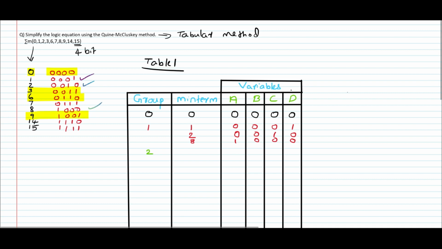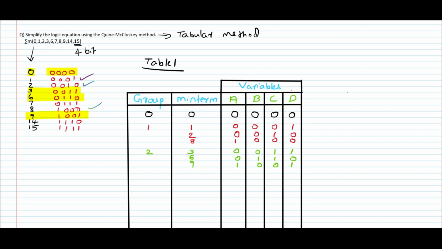Only 3 min terms. So we will write those min terms under group 2. That is 3, 6 and 9. When we write it in binary, it is 0, 0, 1, 1 and 6 is 0, 1, 1, 0 and 9 is 1, 0, 0, 1.